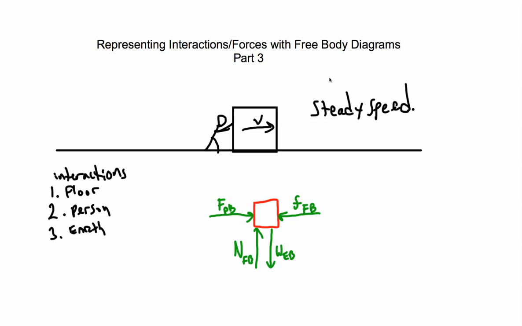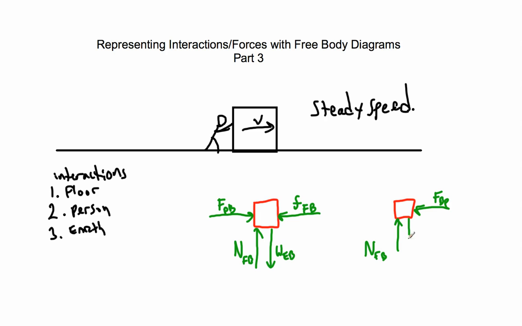Now I'm going to quickly do another diagram, this time for the person. There's a free body diagram for the person. And so on the person, you have the box pushing that way, force of box on person. You have the normal force from the floor on the person.